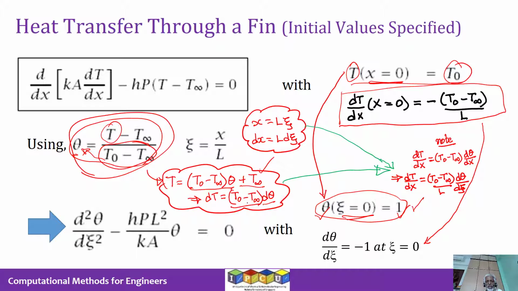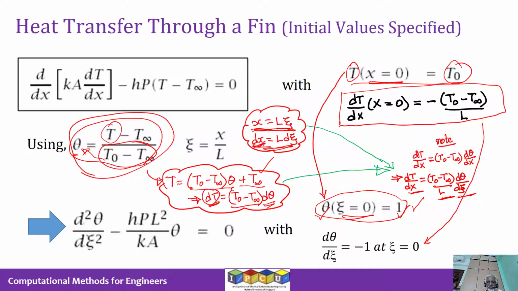So dT is nothing but T naught minus T infinity d theta. We also know that x can be written as psi times L or L times psi. And if you apply the differential operator on both sides of this equation, you will get dx is equal to d of L psi. Since L is a constant, you can pull it out and write it as L d psi. So dx is going to become L d psi.